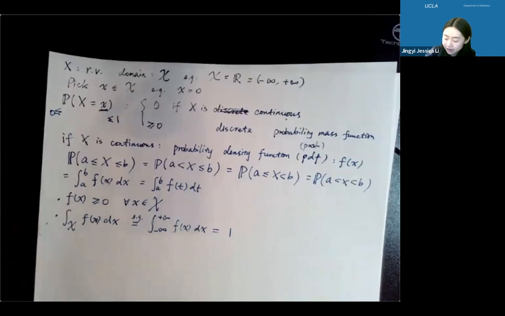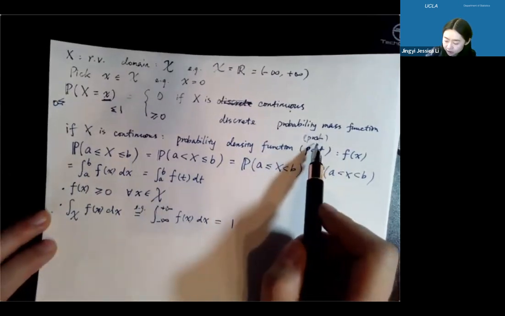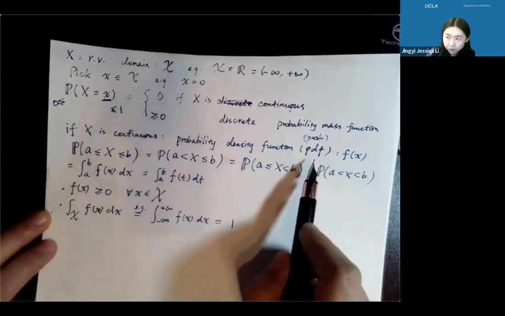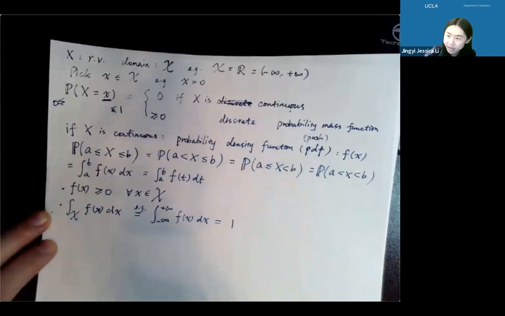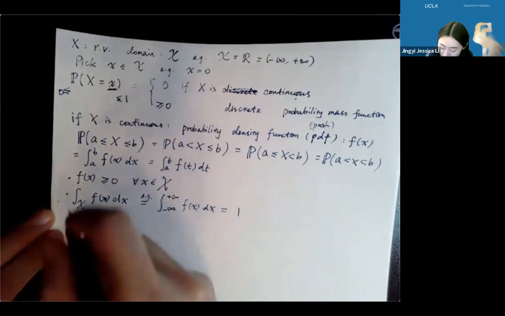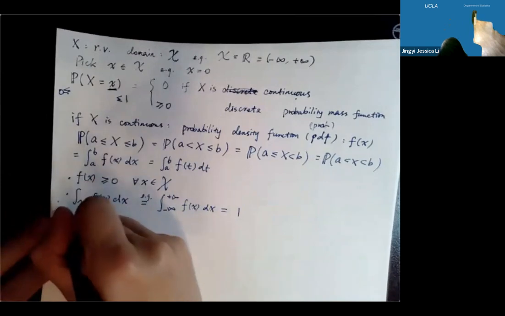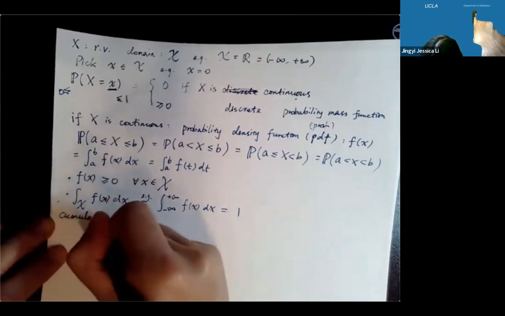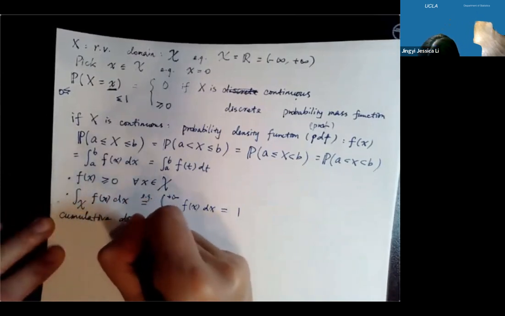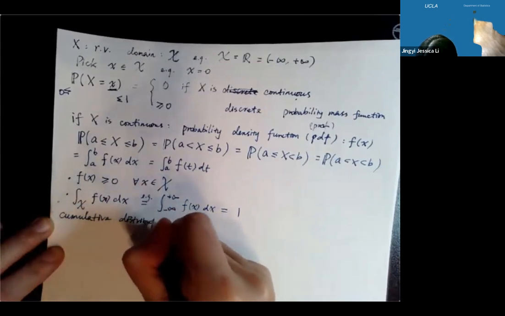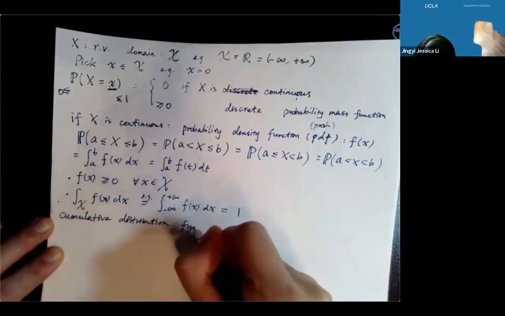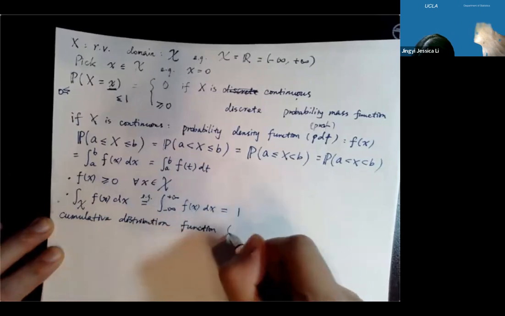Okay, so given the PMF for a discrete random variable and the PDF for a continuous random variable, we can define the cumulative distribution function, CDF.